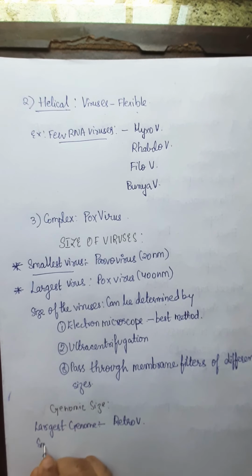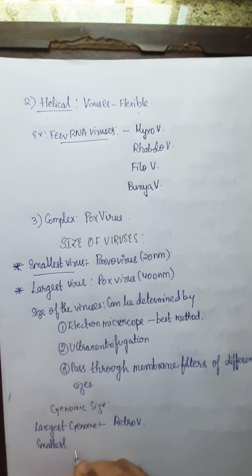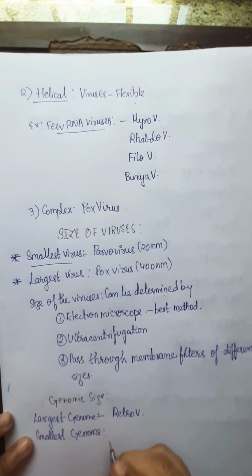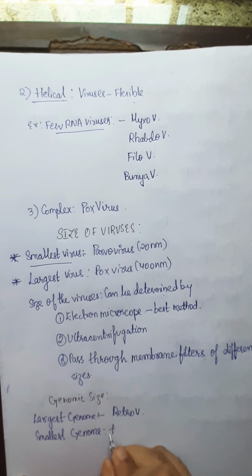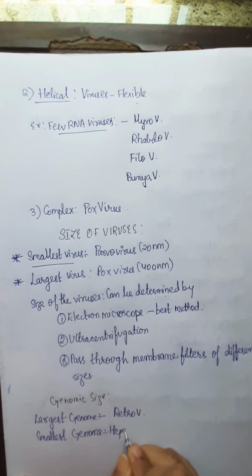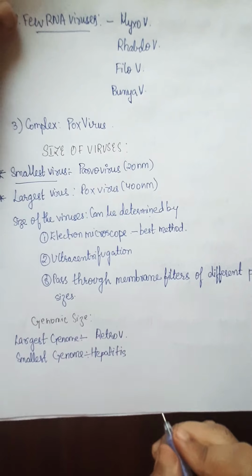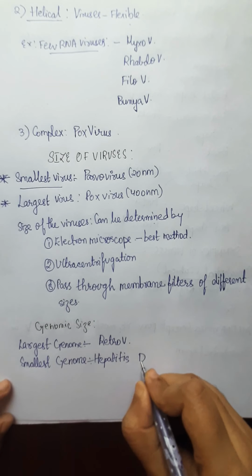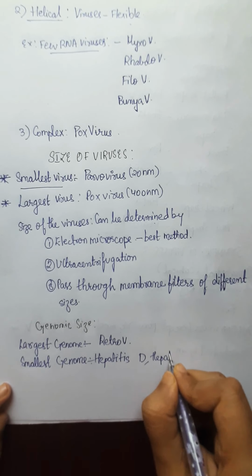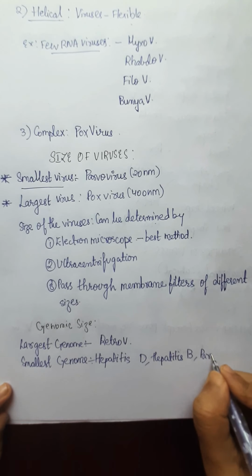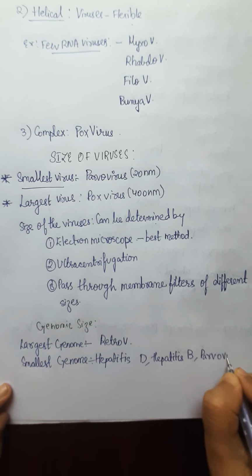The viruses which have the smallest genome are hepatitis D virus, hepatitis B virus and parvovirus. These three viruses have the smallest genome and the largest genome is present in the retrovirus.